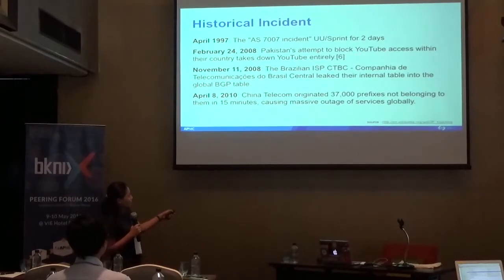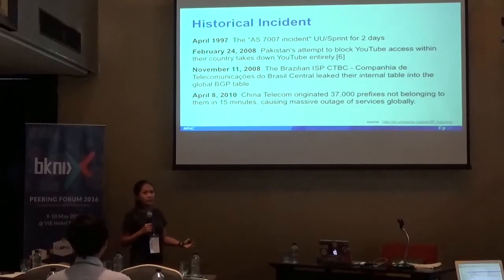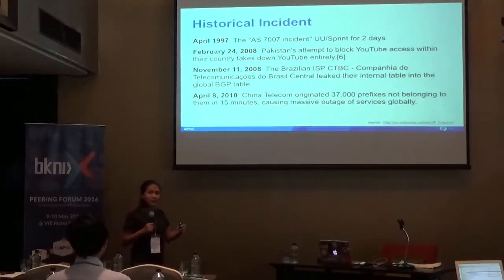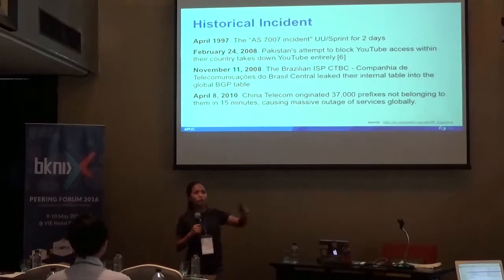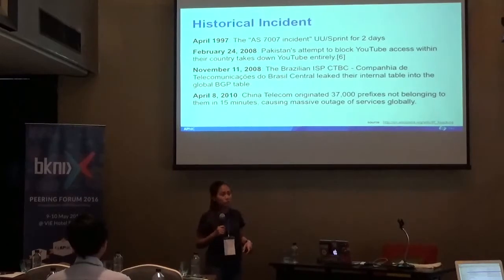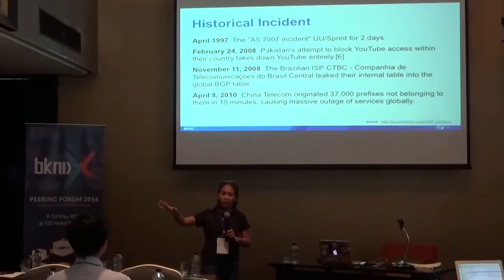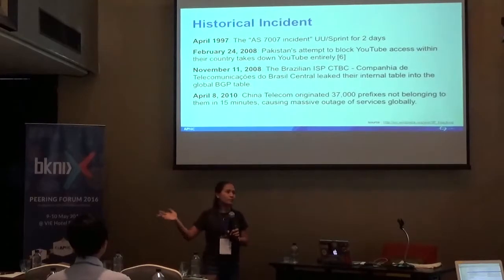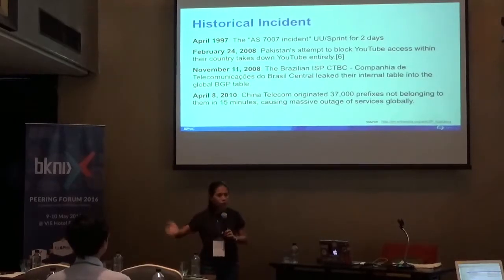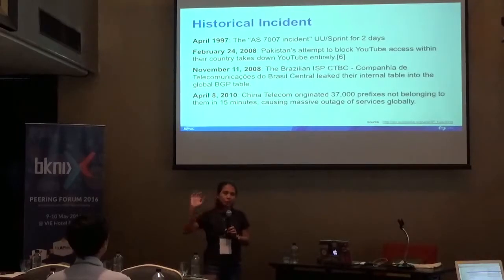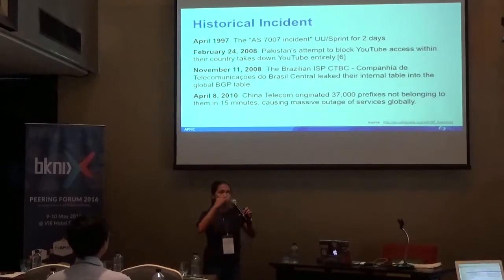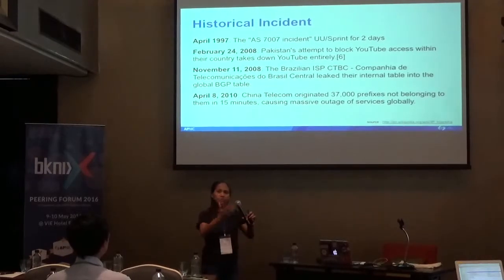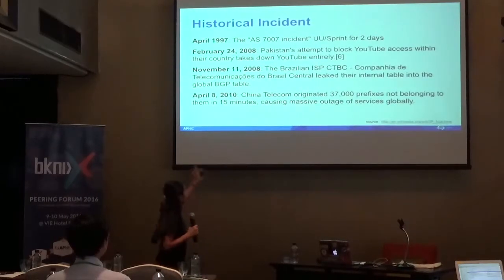YouTube access was somehow blocked in Pakistan, and instead of going to YouTube to see cat videos, you would go to a page that is owned by Pakistan Telecom, which doesn't give you anything because it's timing out. Basically, all traffic is going that way. So it was in the news because it's a big company. It's Google, it's YouTube.